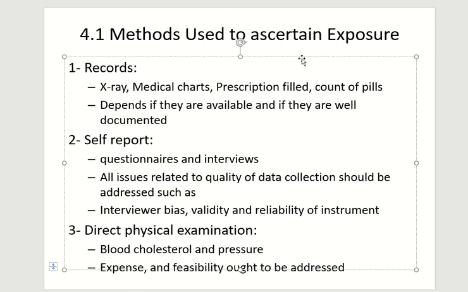So how do we make sure that the outcome occurs? Three major ways. Records, especially if you're doing a non-concurrent study. Self-report, sometimes it's good and sometimes it's not a very good measure of reporting outcome. And finally, direct physical examination, which may be costly, but it's a very good way of ascertaining your outcome.